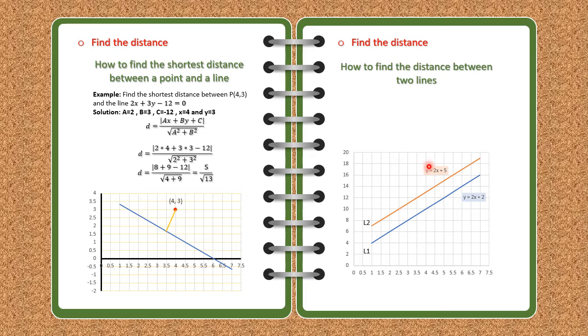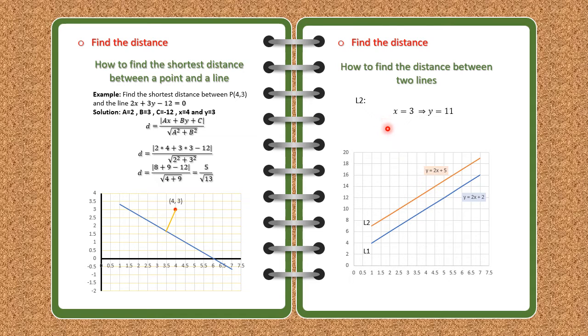First, I want to make these two equations in the standard form so that I can use this formula. Second, to use this formula, I need to have one point on one line, and measure the distance between that point and the other line.